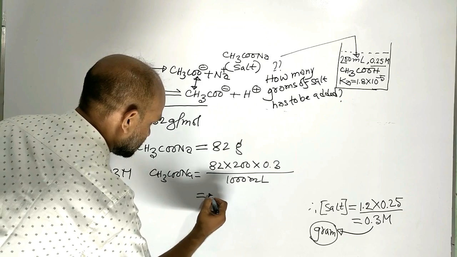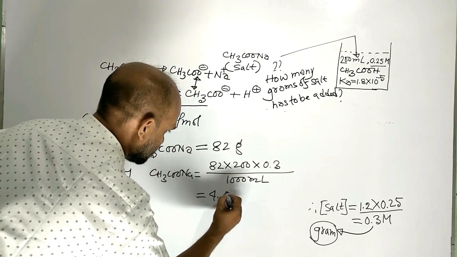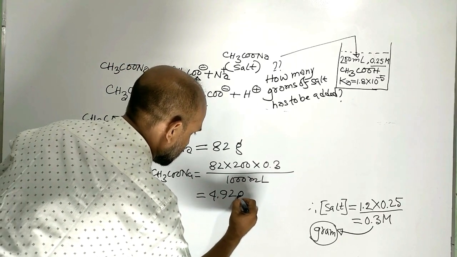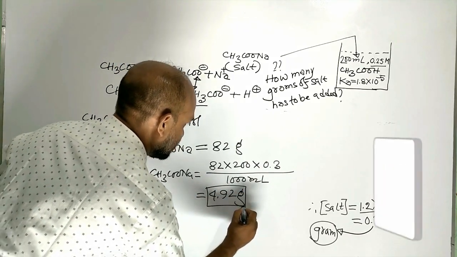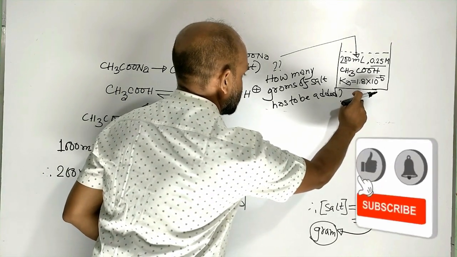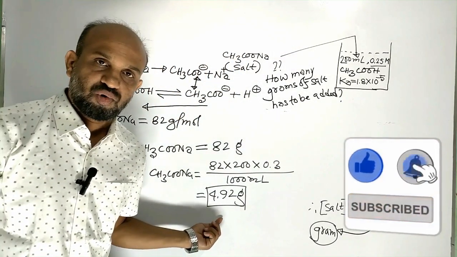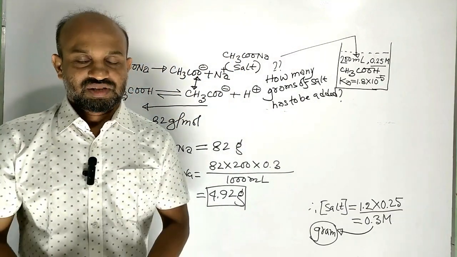From this we get 4.92 gram. The amount of salt that has to be added to this solution is 4.92 gram. Thank you very much.